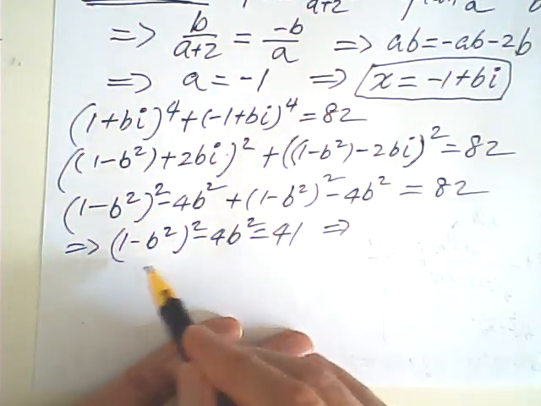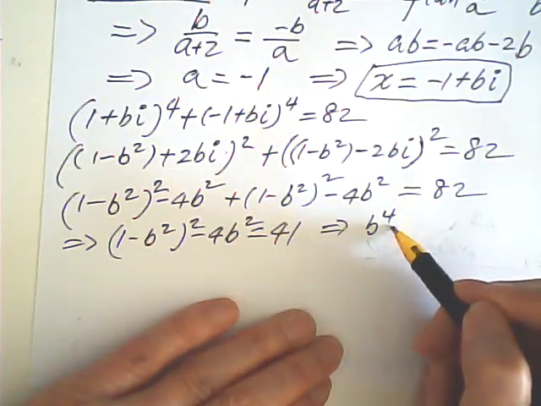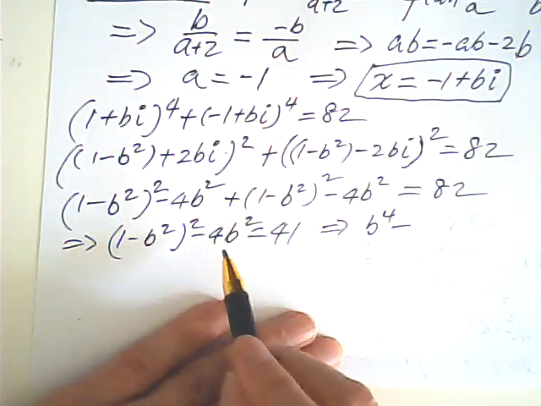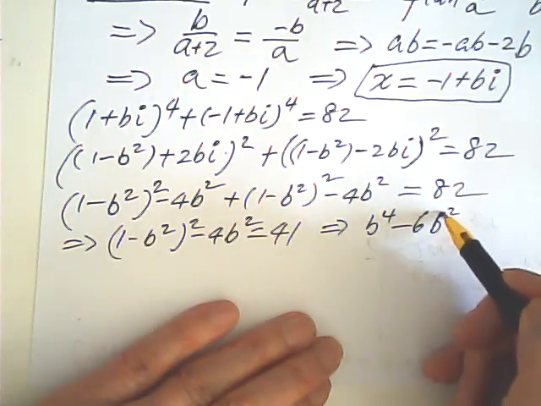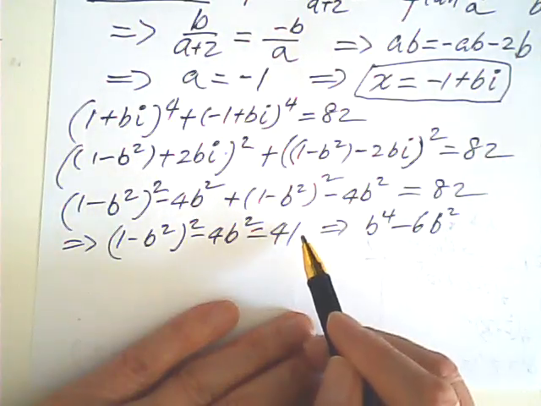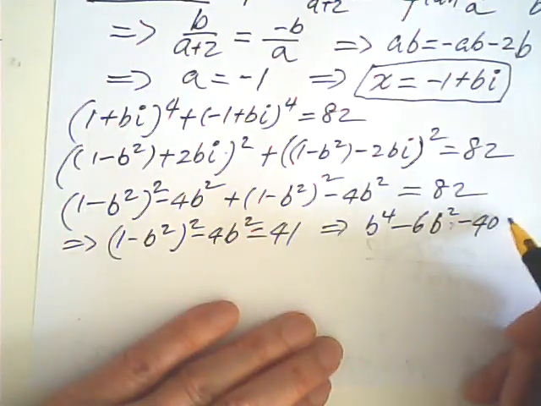Now it's easier because this square is equal to b fourth minus 2b square plus 4b square, minus 6b square, minus 41 plus 1, is minus 40.